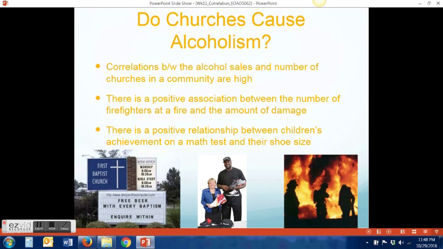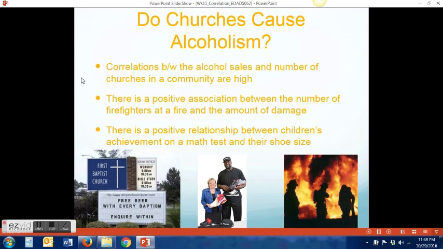Okay, so one of the things that we are oftentimes concerned about with correlations is is there actually a relationship between them? We might see relationships that don't make sense. Alright, so let's take a look at those, and let's think about what we might be seeing here.